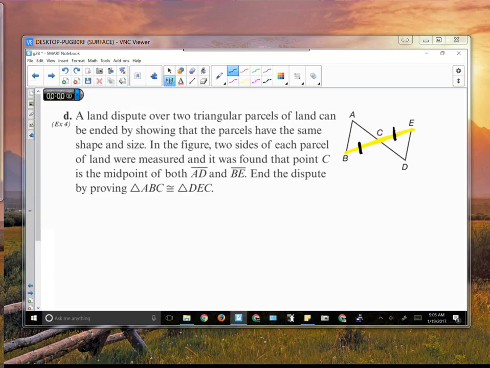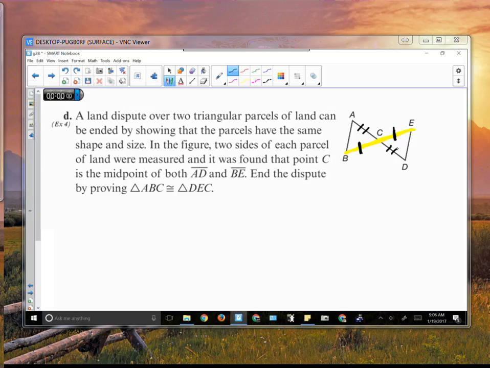Okay. So let's try this. Kara, what else do I know? AC, you say? And what? Not E and D. Oh, C and D. Okay, so AC and CD are the same.